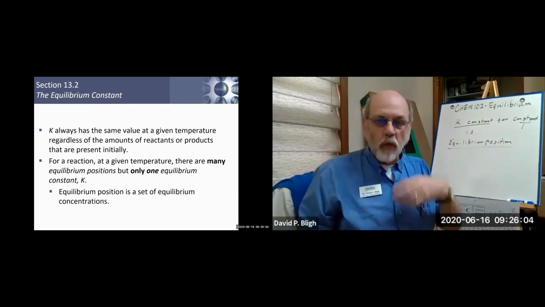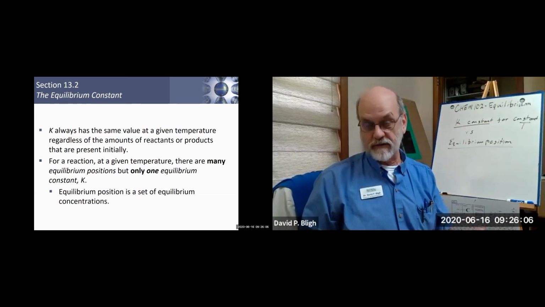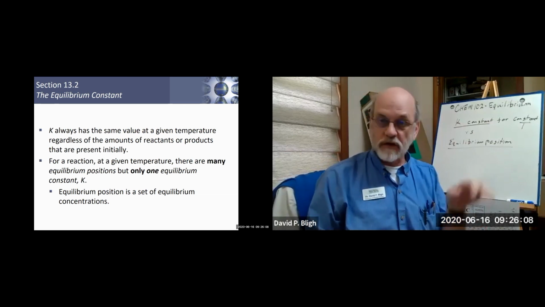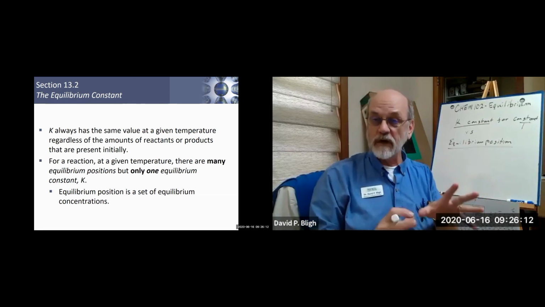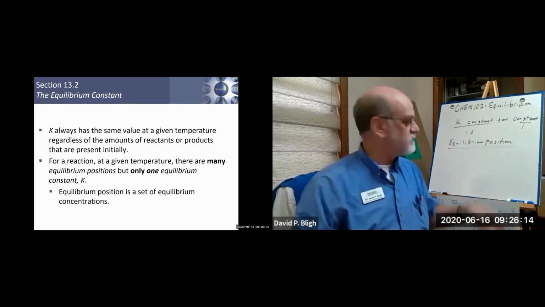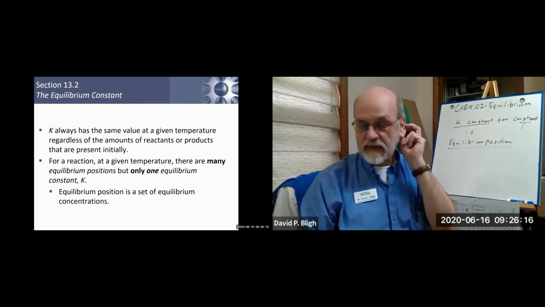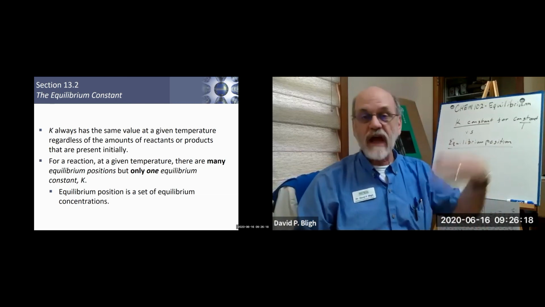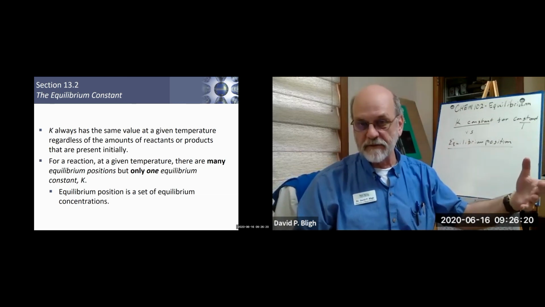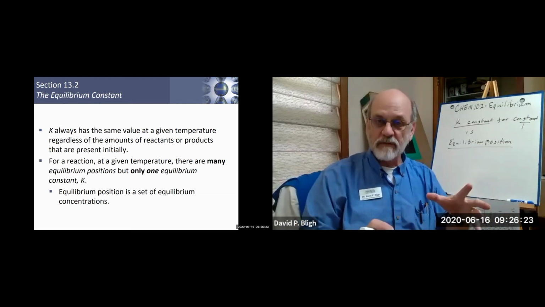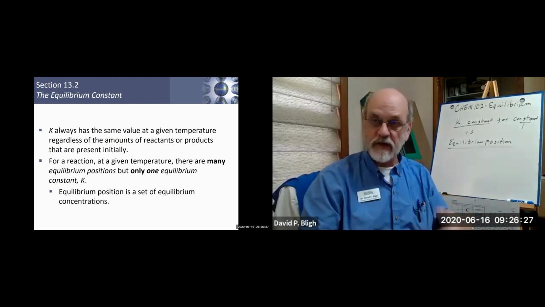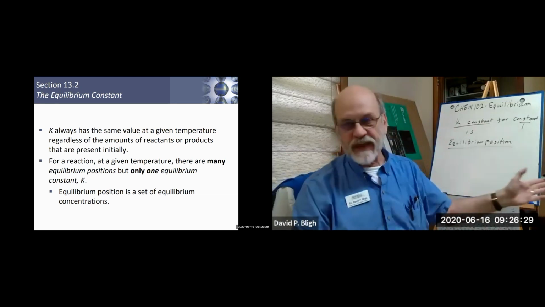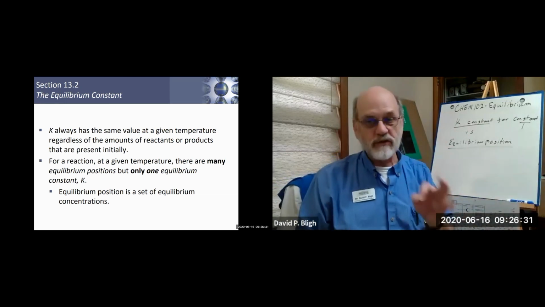It doesn't matter what concentration you start with. You start with low concentrations of A and B, and once it reaches equilibrium, do your calculation, you get the K. At the same temperature, you could start at high concentrations of A and B, and once it reaches equilibrium, determine the equilibrium concentrations of your reactants and products, calculate K, get the same value, as long as the temperature does not change.